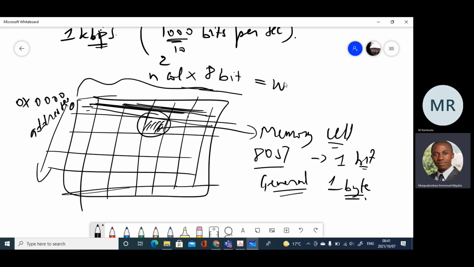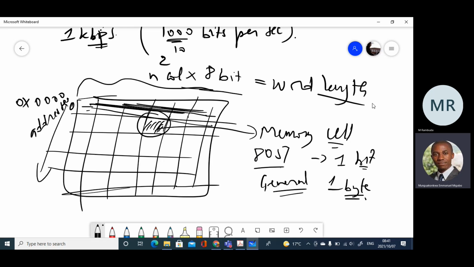That total size is what we call the word length. The word length simply means it's the basic unit of memory that can be accessed by a specific computer system or CPU. So that is what you can manipulate.